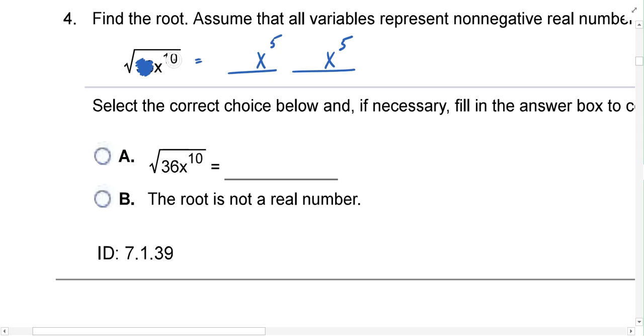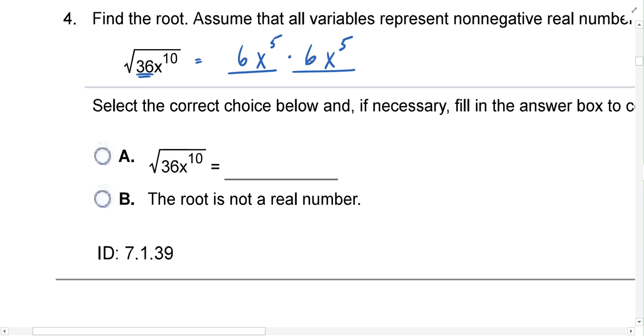Essentially half of this exponent is going to be the answer in these types of problems, because x to the 5th times x to the 5th requires the exponents to be added, and 5 plus 5 does equal 10. So we've got x to the 5th times x to the 5th. That's going to return the x to the 10th part. So what number multiplies by itself to equal 36?